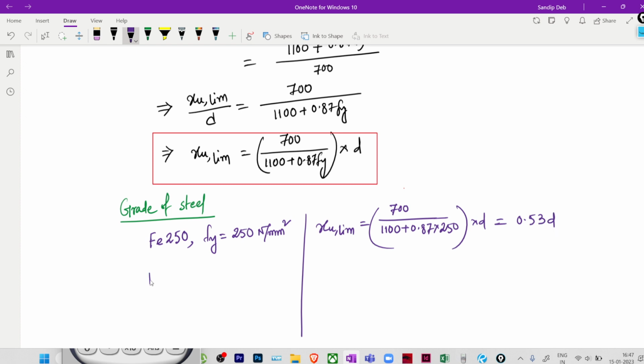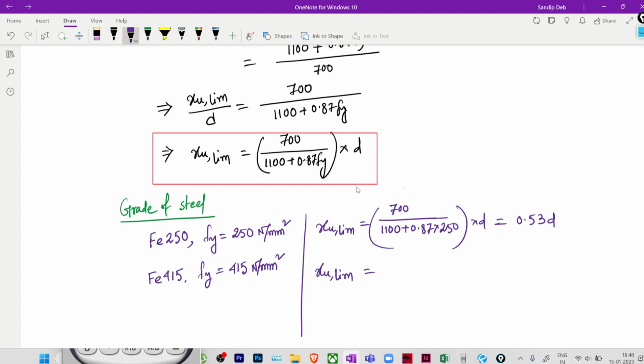Now if we do the same for Fe415, the Fy is equal to 415 Newton per mm square. So the Xu limit will be how much?